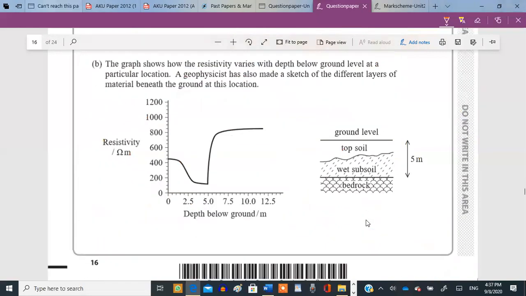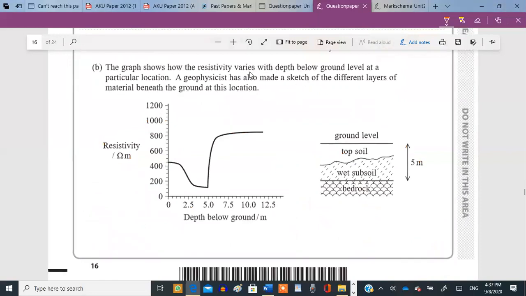The next one says, the graph shows how the resistivity varies with the depth below the ground level at a particular location. The geophysicist has also made a sketch of the different layers of the materials beneath the ground at this location. This is the wet subsoil, this is the topsoil, this is the ground level, 5 meters, and this is the bedrock. You've got the resistivity, and this is the depth below the ground.